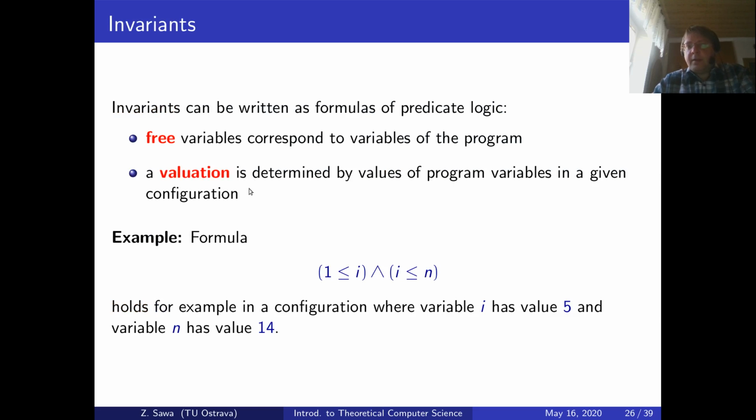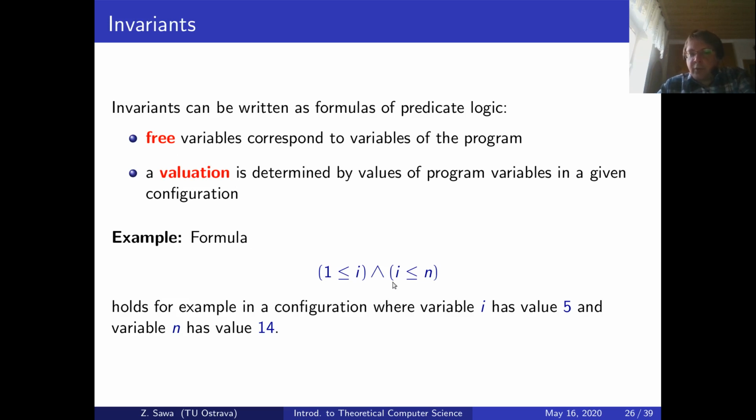Basically, of course, we could describe these invariants informally in natural language, but basically, they could be described using formulas of predicate logic, where free variables in these formulas correspond to the variables of the program, so the variables in memory. So if we had these variables a, k, i, and result, these could occur as free variables in the given formulas.